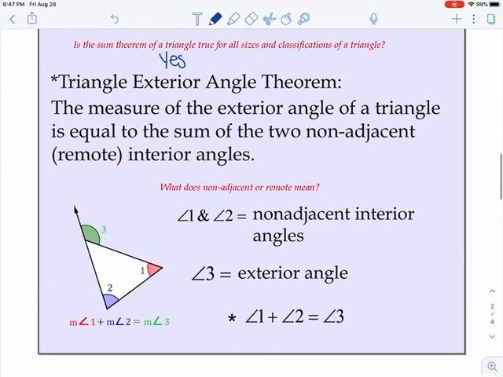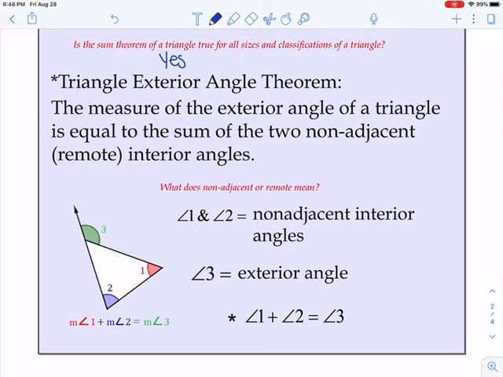And the other piece of information that we're going to use today is the triangle exterior angle theorem. And what that says is that the measure of an exterior angle of a triangle is equal to the sum of the two non-adjacent remote interior angles. So what does non-adjacent or remote mean?